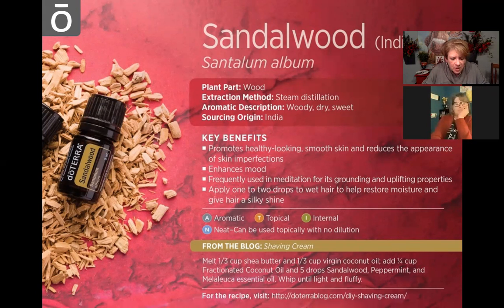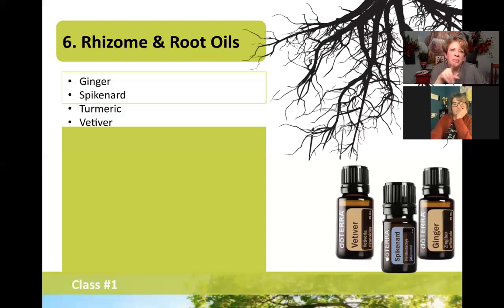Okay, so next up, our next category is the rhizome and root oils. This does have all the things listed and the weird box, but you can see all the oils listed. Those oils are ones like ginger, spikenard, turmeric, and vetiver. They provide an earthy tone in the oil.